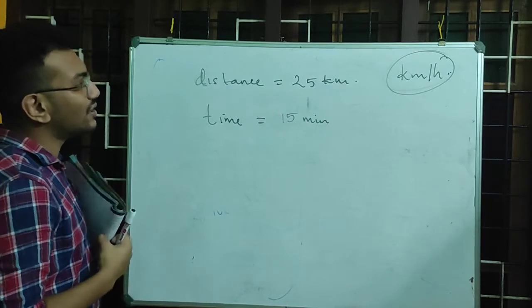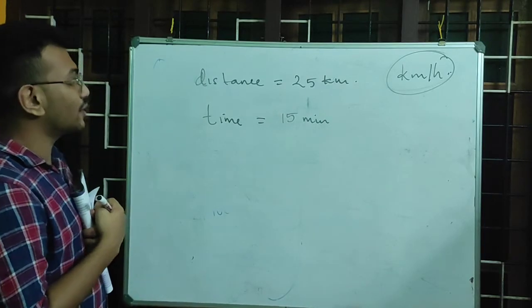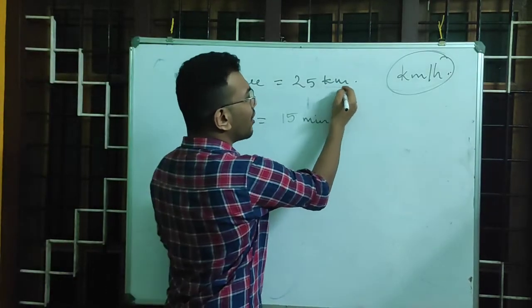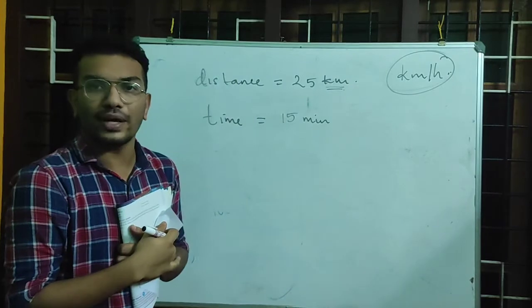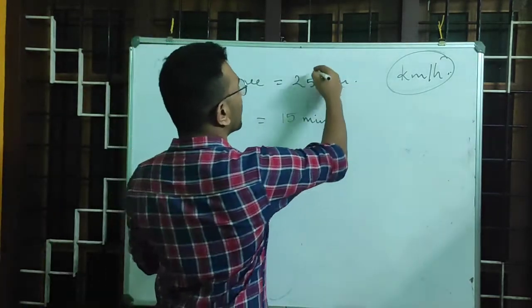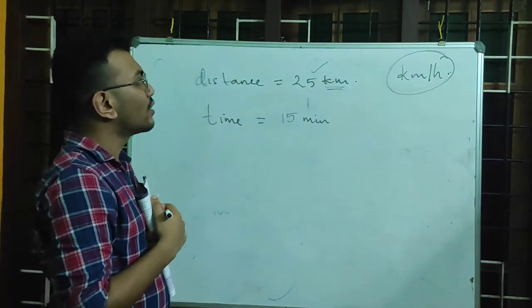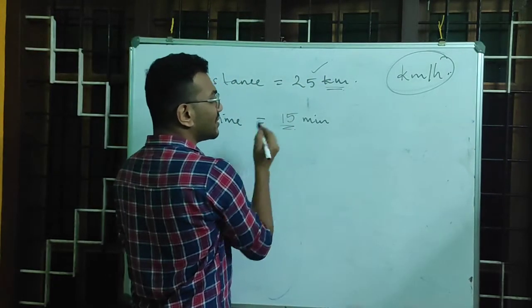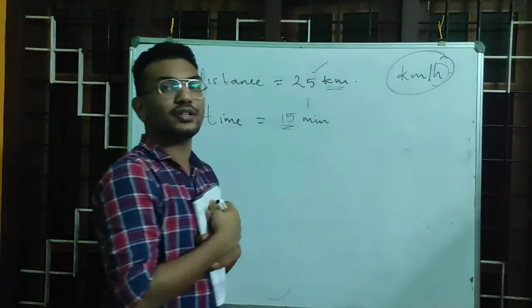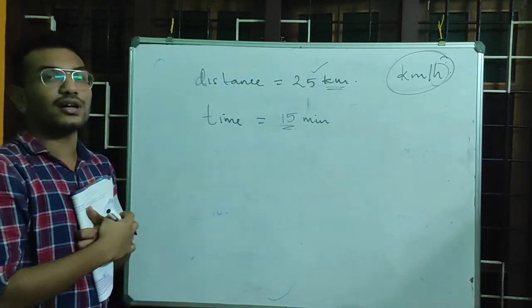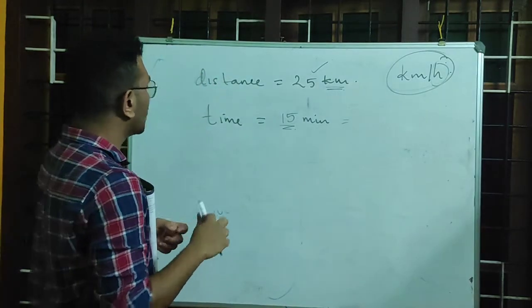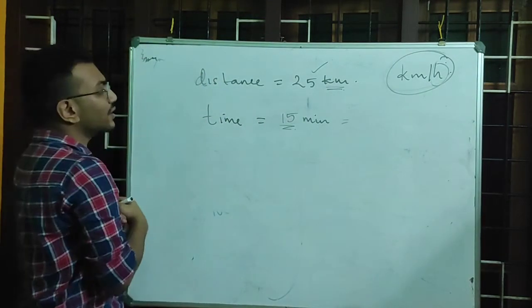Let's move on to the things that are given to us. Look at the distance: 25 kilometer. It is already in kilometer, so there is no need of any conversion. But here, what is the time? It is 15 minutes. The question asks us to find it in hours, so we should convert 15 minutes to hours.